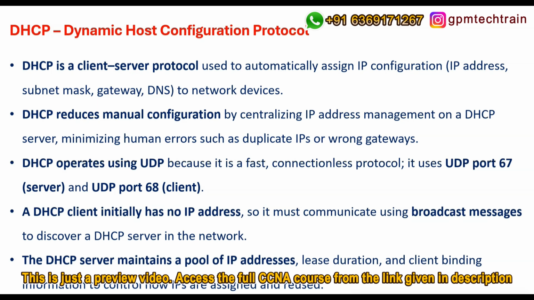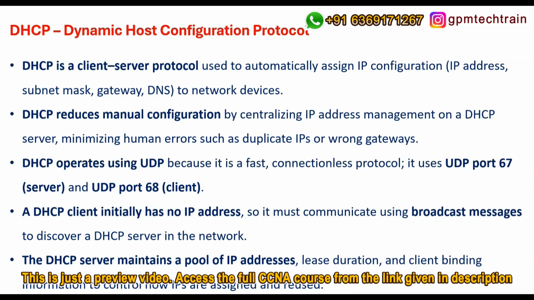Basically, the DHCP will help to get the IP configurations automatically instead of manual configurations. It reduces the manual configuration by centralizing the IP address management on the DHCP server, minimizing the human errors such as duplicate IPs or wrong gateway configurations. Consider that you have thousands of devices in your network.